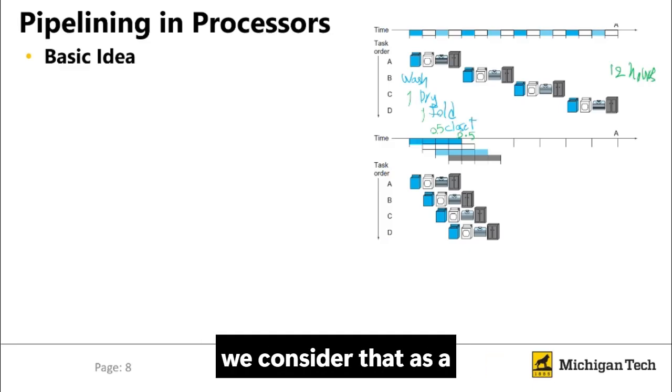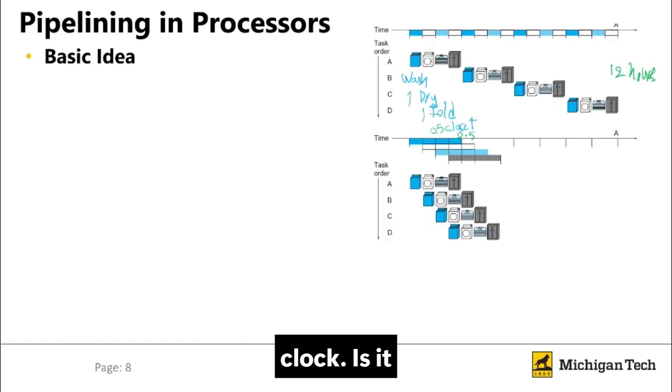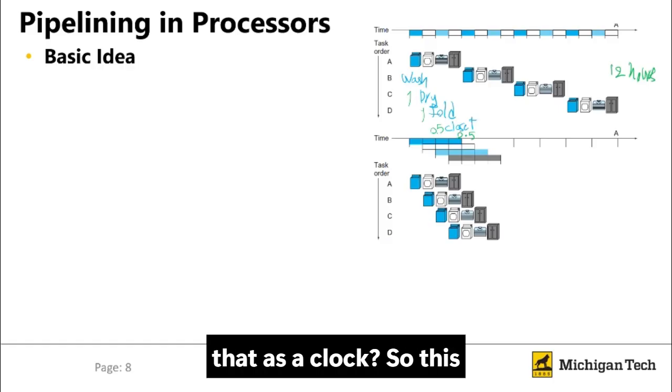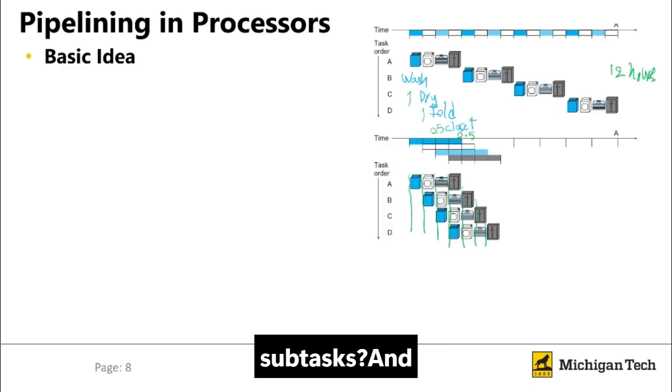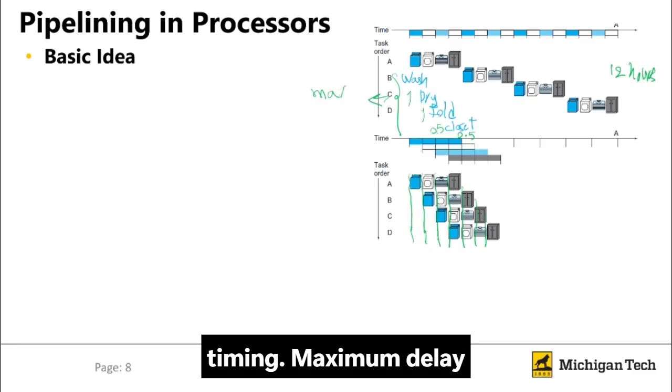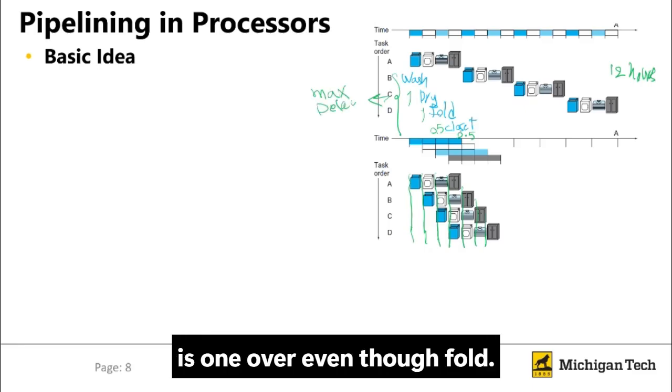So we consider that as a clock. We divide this big task into multiple subtasks and find the maximum delay, which is 1 hour.